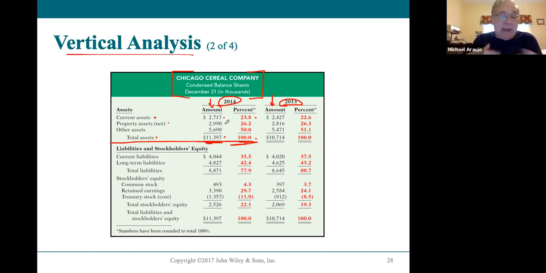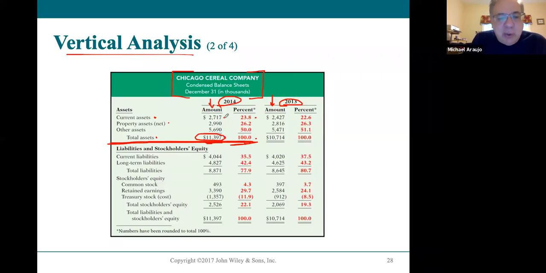I'm going to be repeating this over and over again, so I'll do that one more time here. We're looking at the base of assets, okay? So let's just focus on 2014 for now. They have $11,397 of total assets.